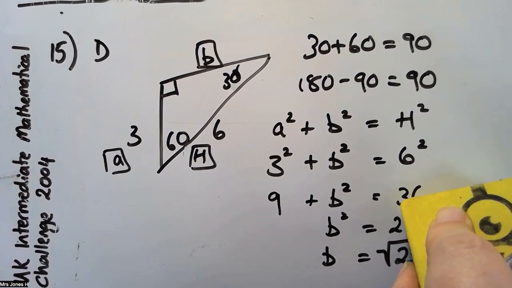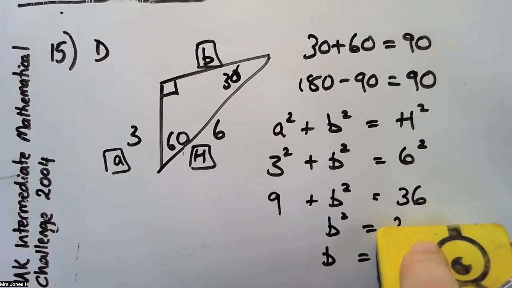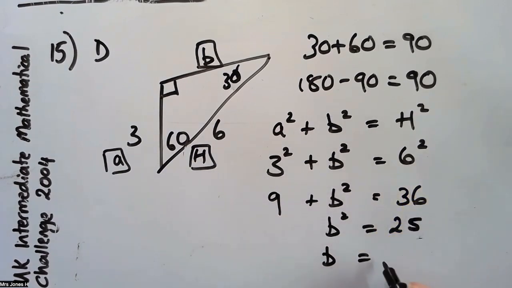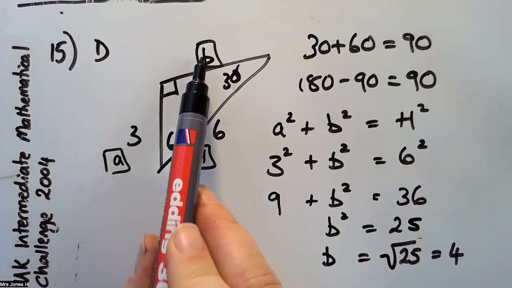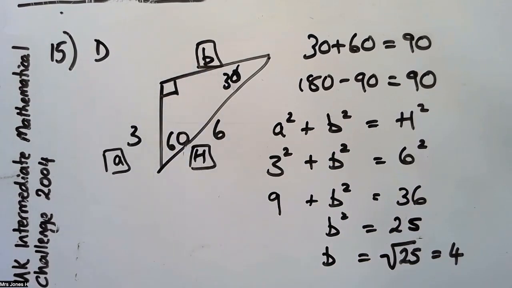This should be 25. Sorry about that. Square root of 25 is indeed 5. So we've got a 3, 4, and a 6 length. That's a bit weird, because we have a 3, 4, 5 triangle. What have I done? 36 subtract 9.